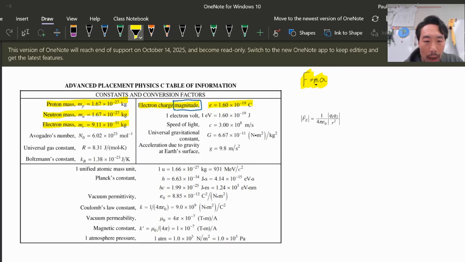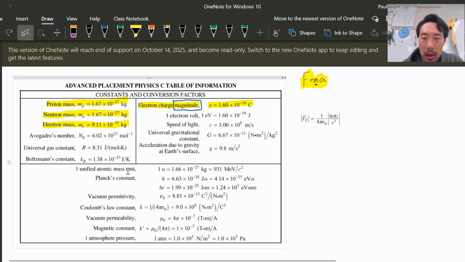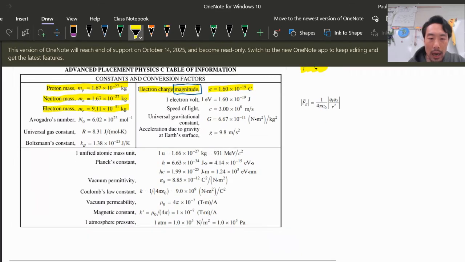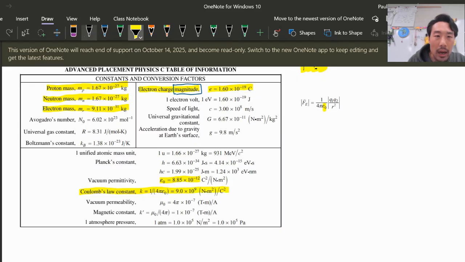All right, and the other one that will pop up later, but I'm going to point it out now, is this epsilon naught right there. That epsilon naught is going to be 8.85 times 10 to the negative 12, but I will, of course, point you in this direction: Coulomb's law constant, which can be rewritten as k, 1 over 4 pi epsilon naught.